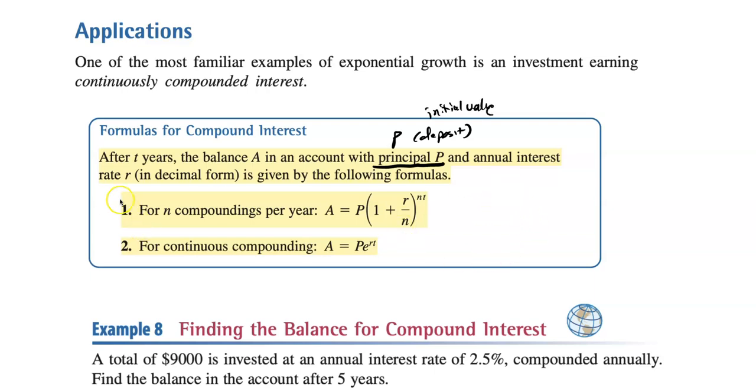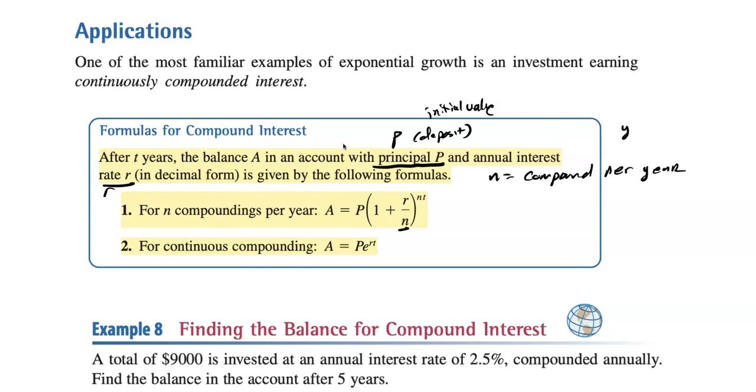R is the annual interest rate. T is years, and N is the number of times compounded, how many times they calculate interest per year.